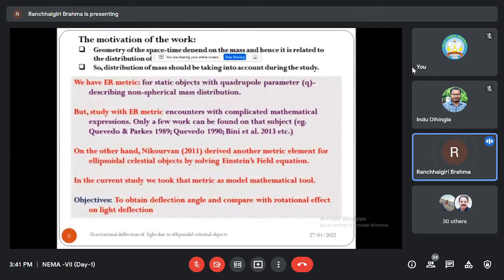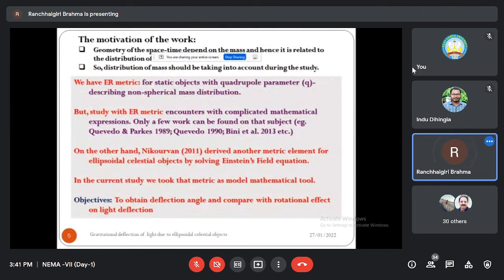In the literature, we found the Erez-Rosen metric, which describes a body with a quadrupole parameter. That quadrupole parameter describes the non-spherical distribution of mass.